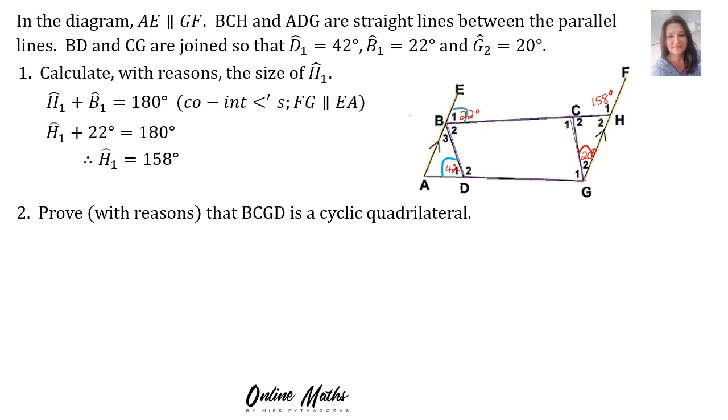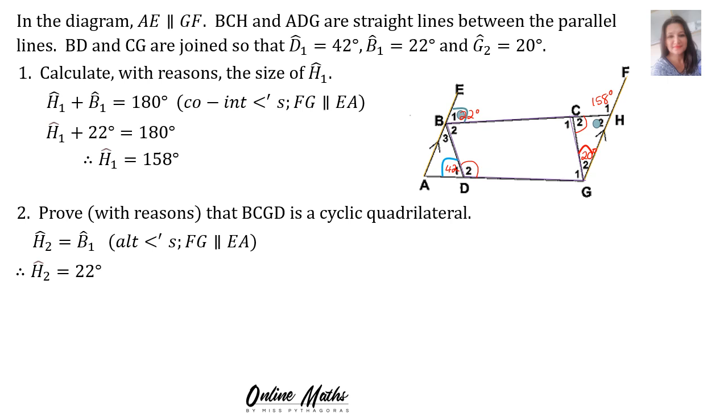So our aim here is if we can prove that C2 is equal to D2, then that is a cyclic quad. So we can start by saying that H2 is equal to B1, and your reason, alternate angles are equal because FG is parallel to EA.